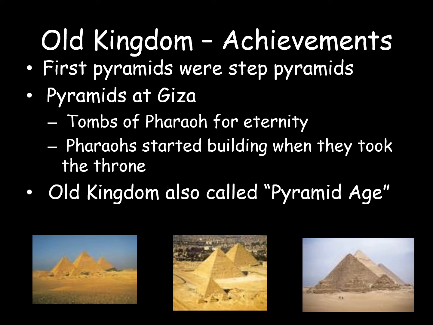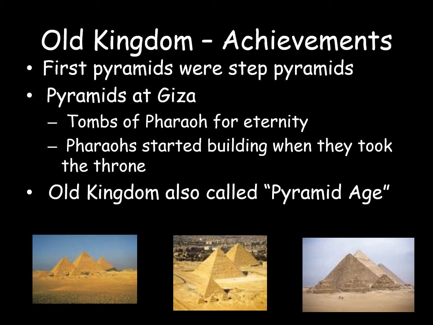So the achievements of the Old Kingdom: they built their first pyramids, which were called step pyramids. These pyramids were at Giza, and they were huge. They are tombs of the pharaohs for eternity, and the pharaohs started to build their pyramid as soon as they took the throne.